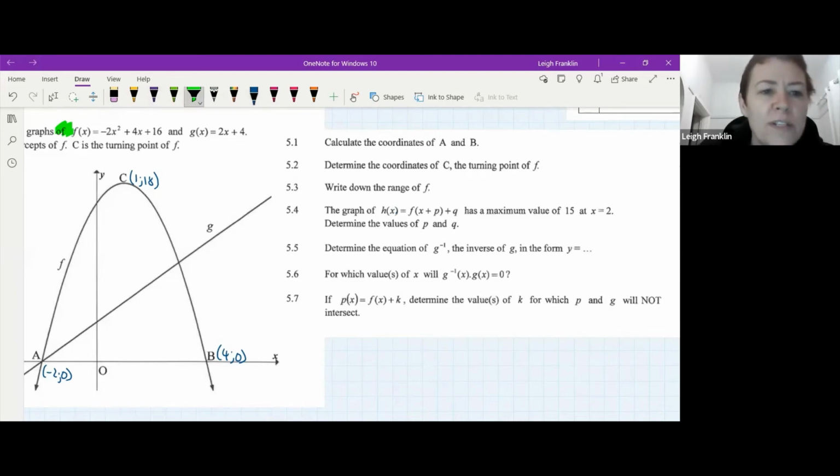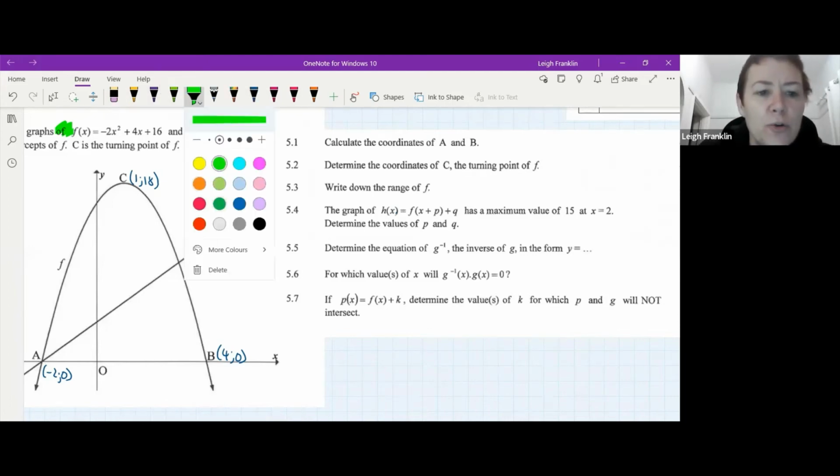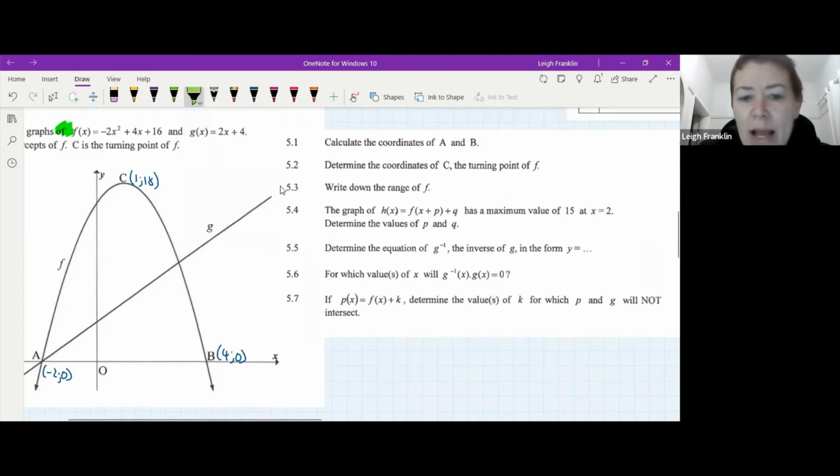Well, first of all, what is the first bit? What are they trying to insinuate has happened over here? What does this imply that I'm highlighting in green? What's happened? How has f been changed? Any ideas?